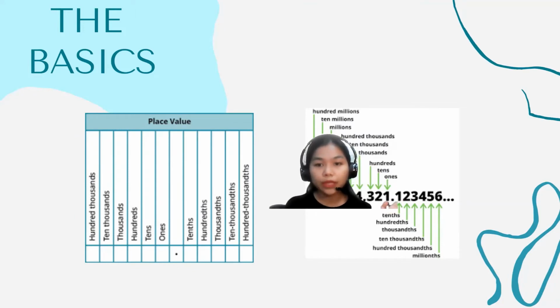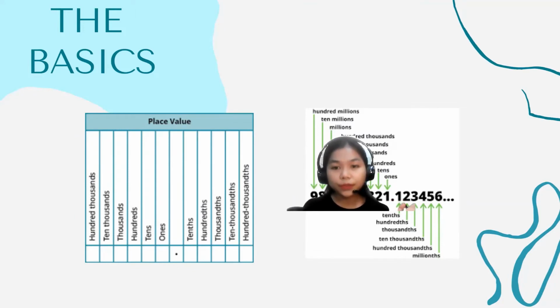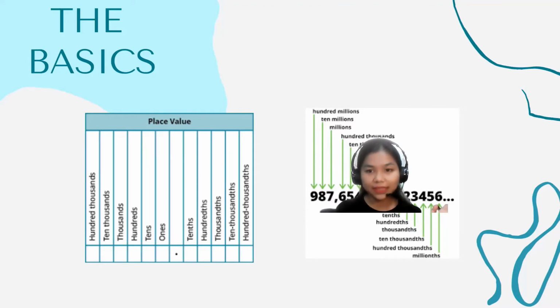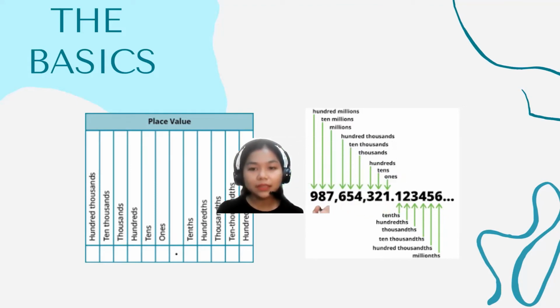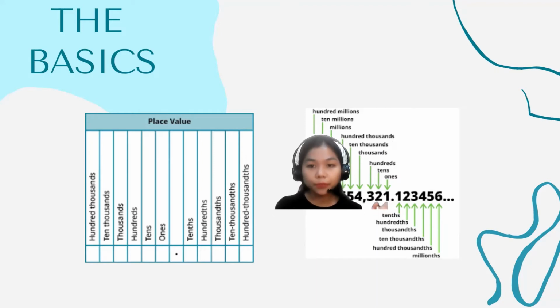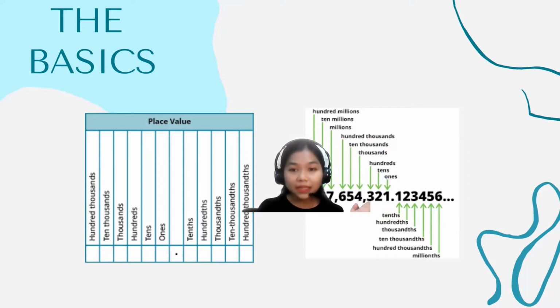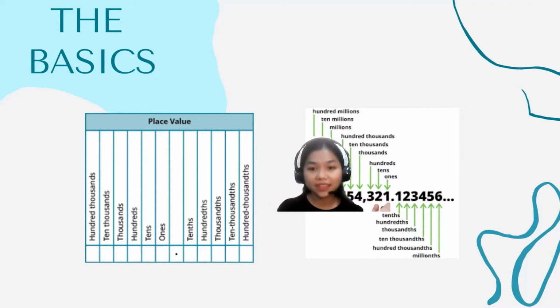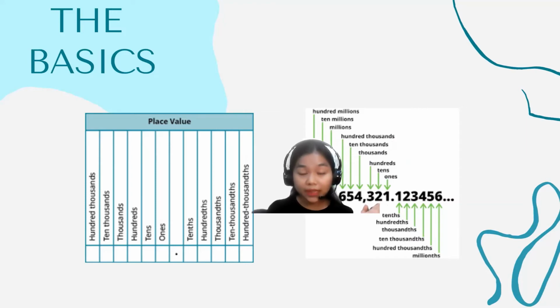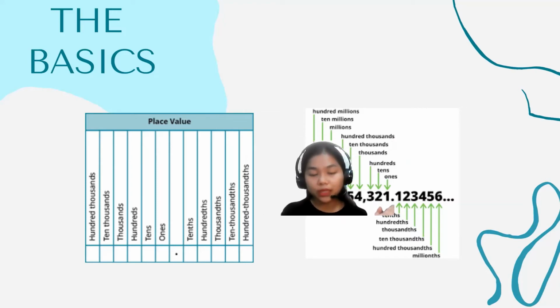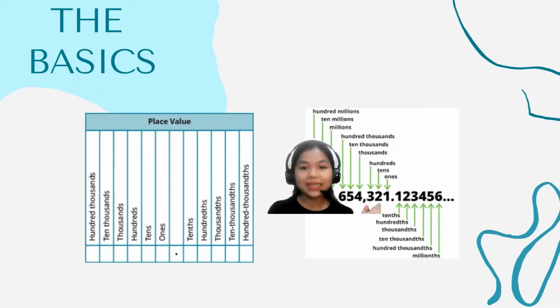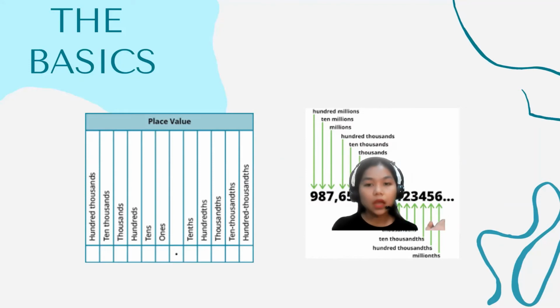Of course, it's 0.000006. So it's just simple. So ones, it's 1. Tens, this is 20. That's why 20 plus 1, it's 21. So 3, it's hundreds, so it's 300. So when adding together, 300 plus 20 is 320, plus 1, it's 321. So that's how to know the place value of a number.